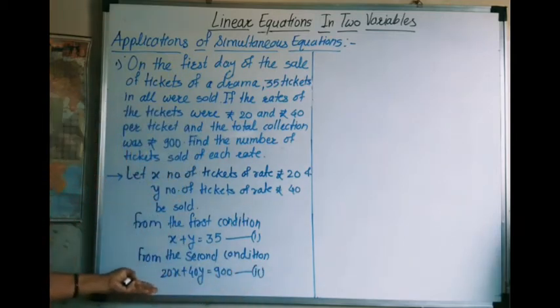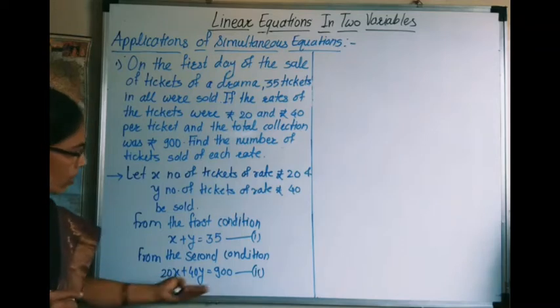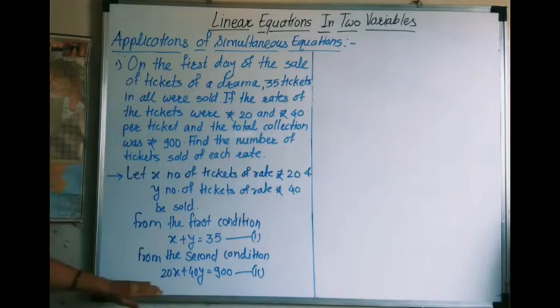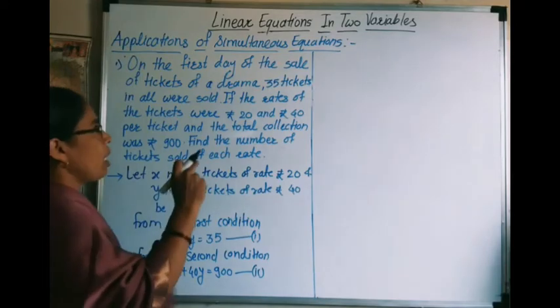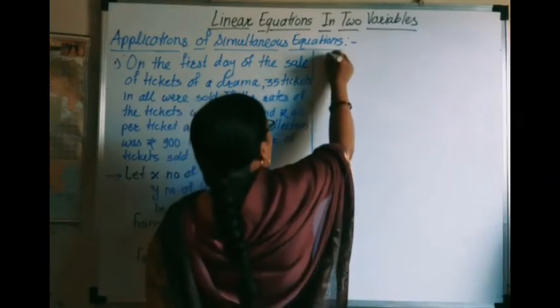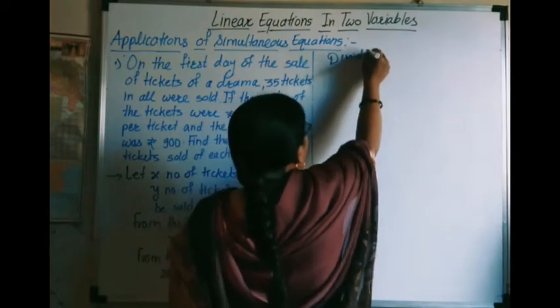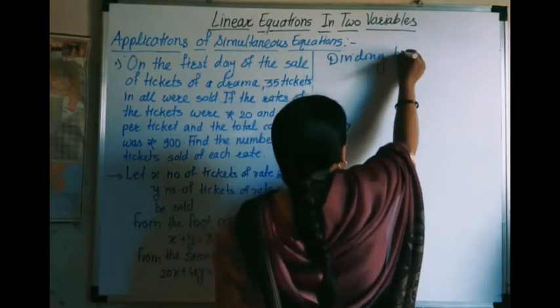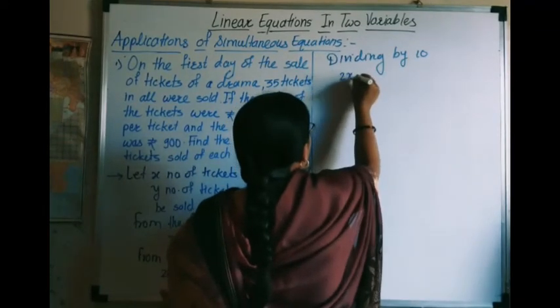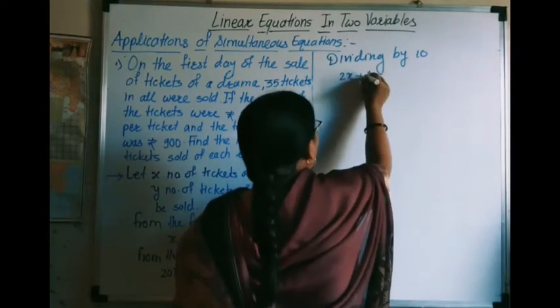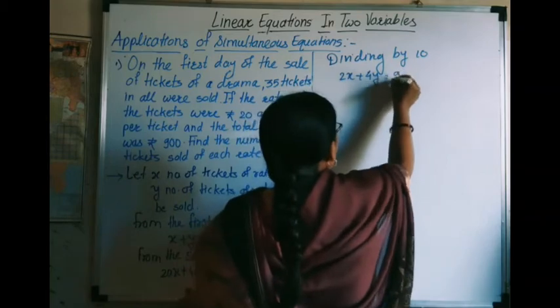Now see here in the second equation, we can write it in the simplest or lowest form. We divide each number by 20, or if you are not understanding, first divide by 10, then the zeros will cancel and dividing by 10, we get the equation 2x plus 4y is equal to 90.